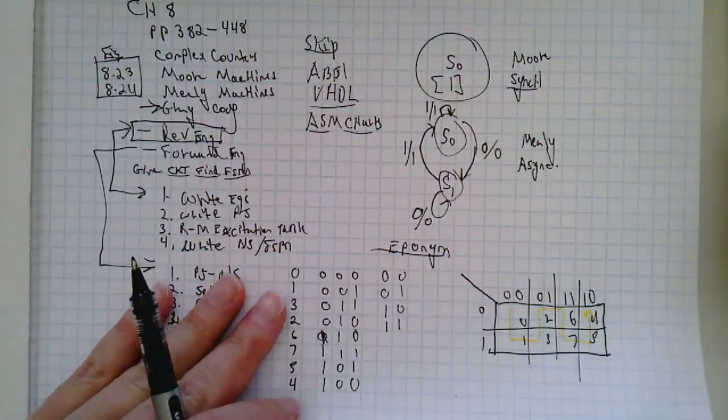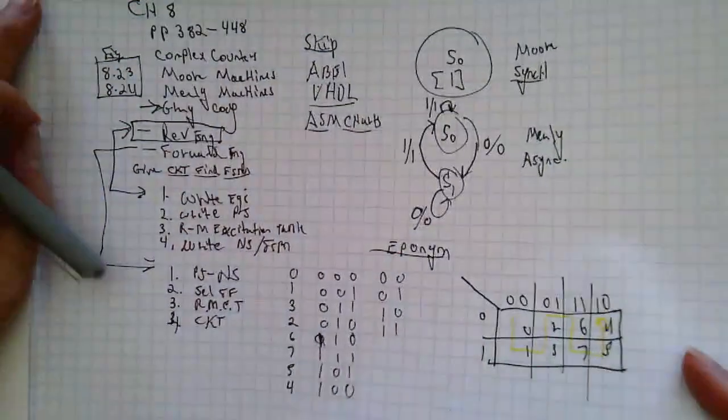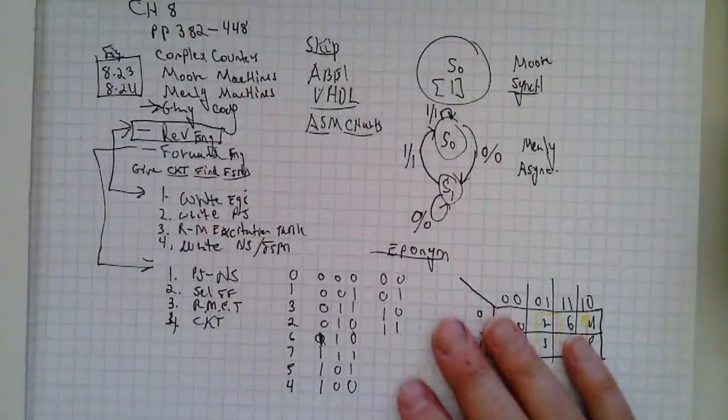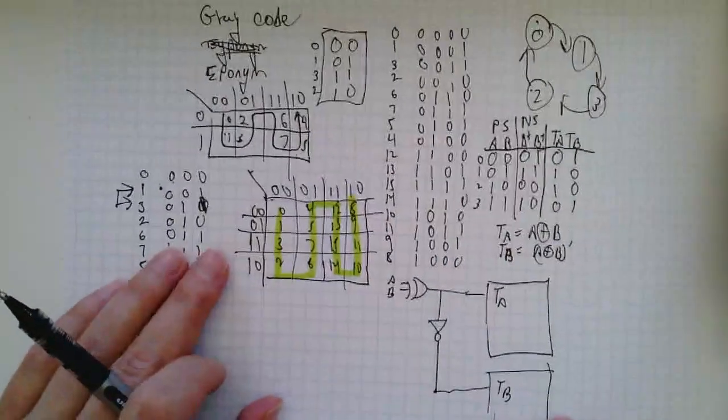Similarly, you can do it with a 4-variable K-map.